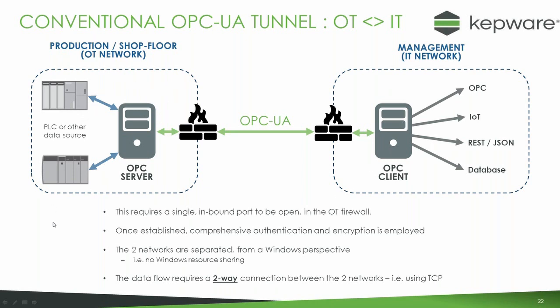Now, there is a way of helping that using the security policies plugin, which I mentioned earlier, and that's a way of stopping clients doing things they shouldn't be able to do. Again, I'll talk about that next week. But some people will say that what we want to do is we want only data being pushed from the OT network up to the IT network. We're not interested in anything going in the opposite direction, and we want it as secure as possible.